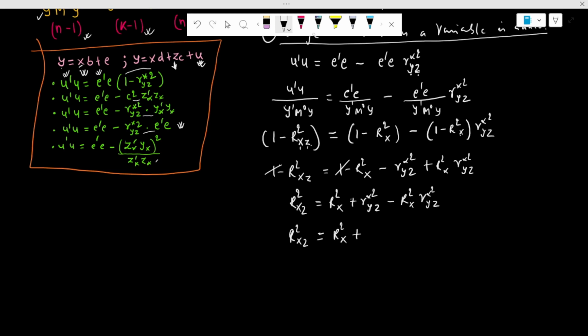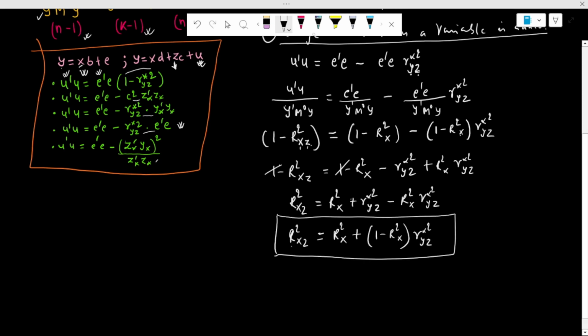and from here, let us take the square of the partial correlation coefficient between y and z, common. So we are left with 1 minus. This is the coefficient of determination when we add an additional variable z to the model where x is the independent variable. So this is equal to the coefficient of determination when only x is the independent variable in the model, plus this sum term, the square of the partial correlation coefficient between y and z.